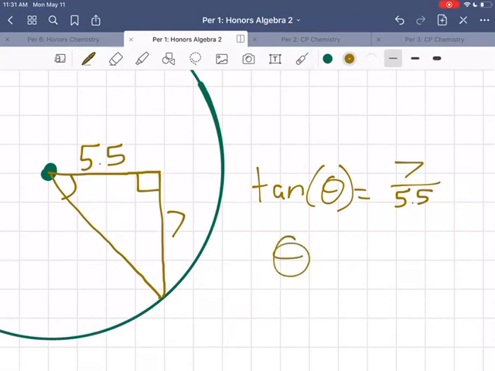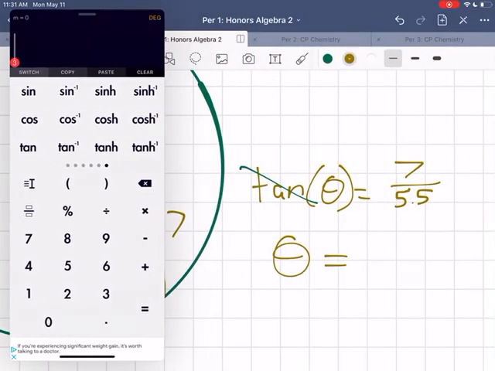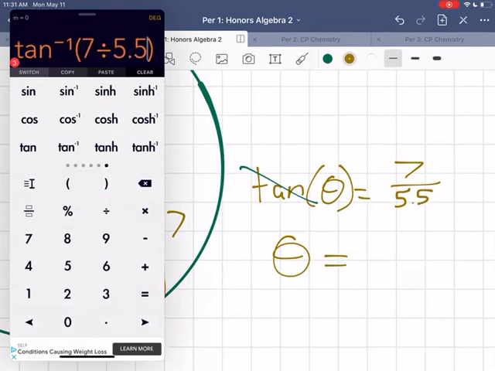How do we get theta by itself? We have to do the inverse tangent of both sides. The inverse tangent of the left will cross off that tangent, and we are going to be left with something on the right side, which is a decimal or some other value. Let's go ahead and find out what that is. All right, the inverse tangent of 7 over 5.5.